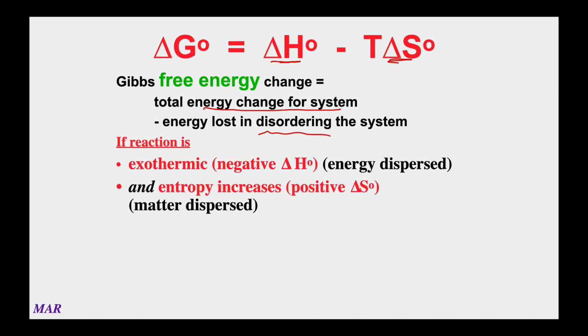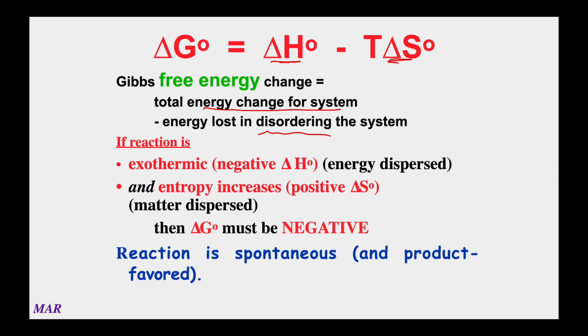Remember, delta S is just a measure of messiness. If you have an exothermic reaction with a negative delta H, and you have an increase in the entropy, which is a positive delta S, look what happens. You have a negative delta H minus a positive T delta S, so both terms are negative.